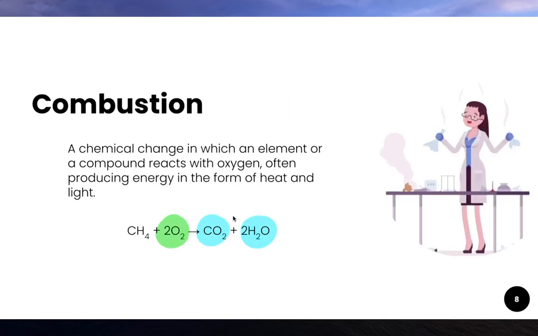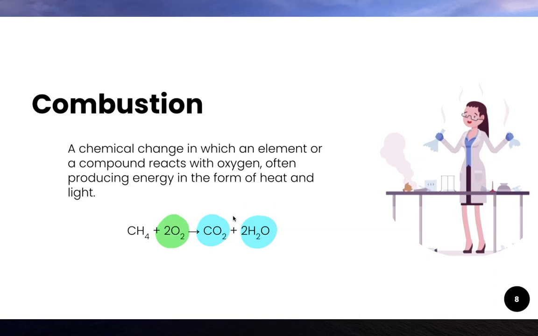Finally, there's a combustion reaction, and in this reaction, a chemical change will occur and an element will always react with oxygen, and it will often produce energy in the form of heat and light. So you're going to be able to recognize a combustion reaction when you see a molecule reacting with oxygen to form carbon dioxide and water.